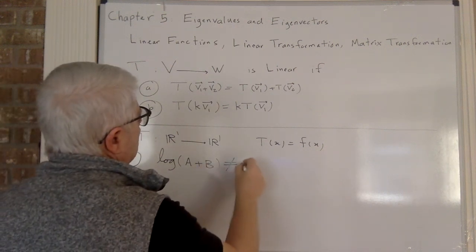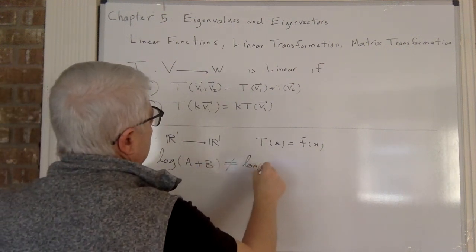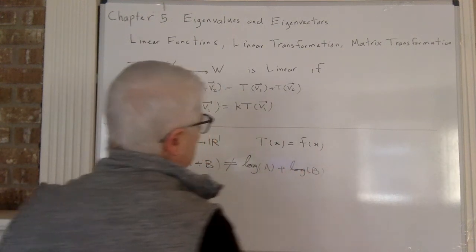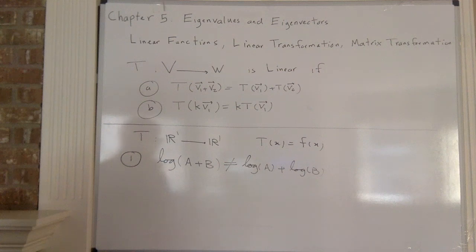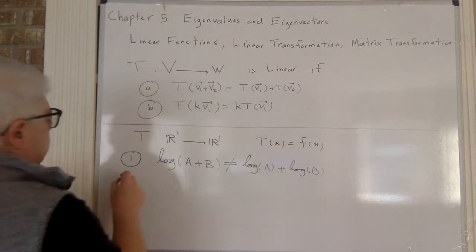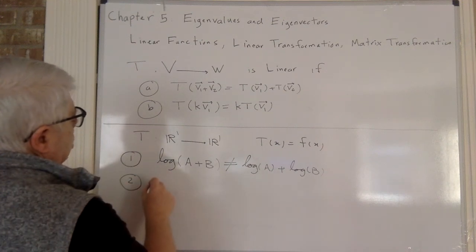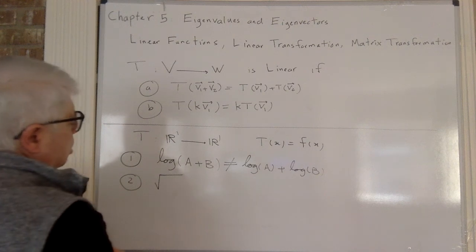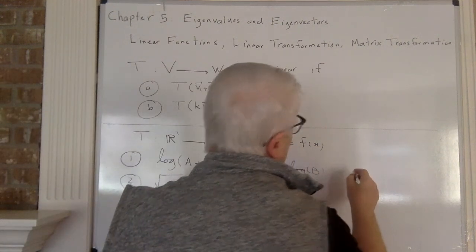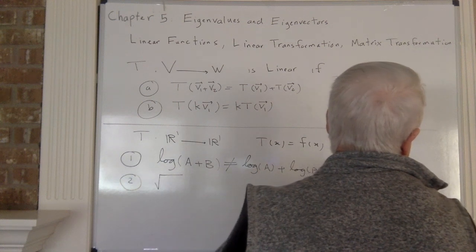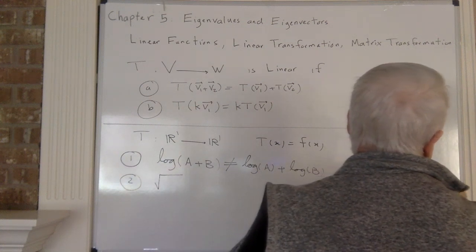This is not log A plus log B. Remember? So log is not a linear function. So, well, let me write here, f of x equals log x is not linear.